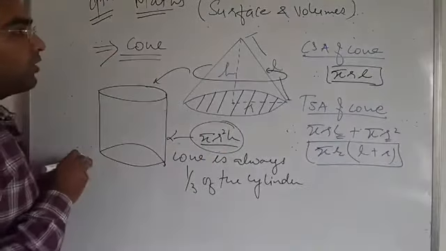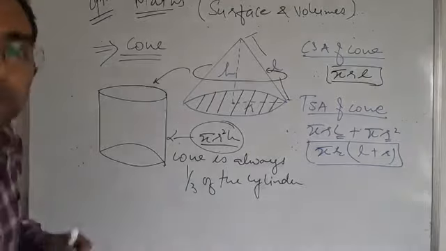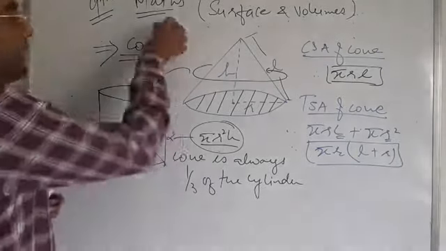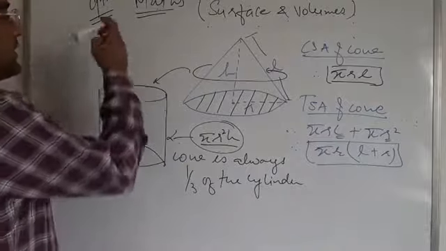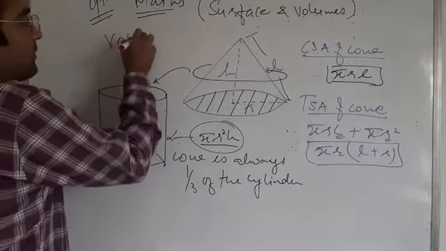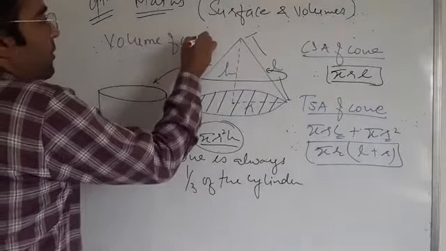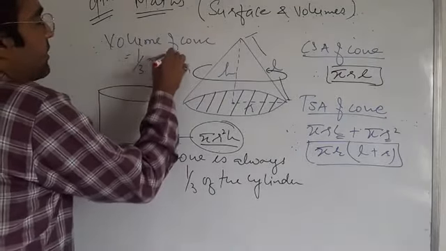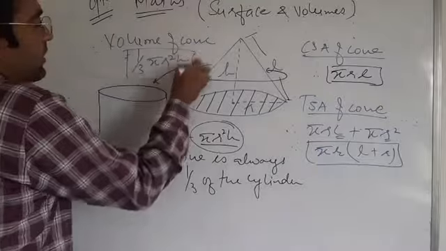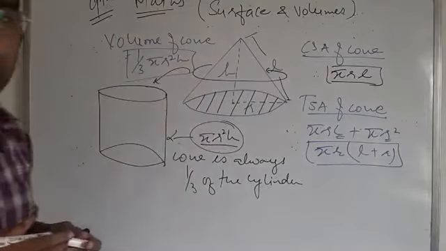So the volume of cone, I'll write it here, is 1/3 pi r square h.